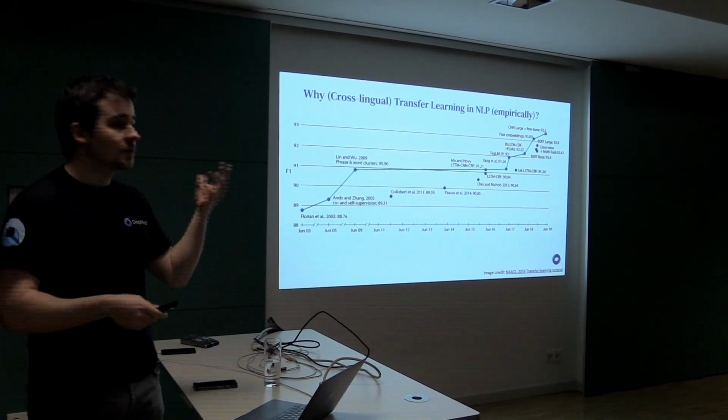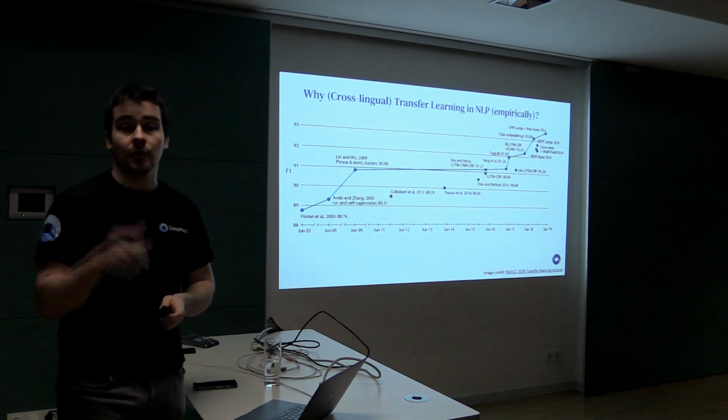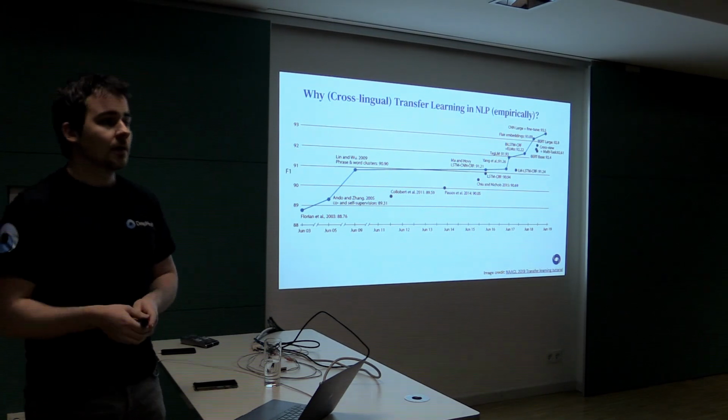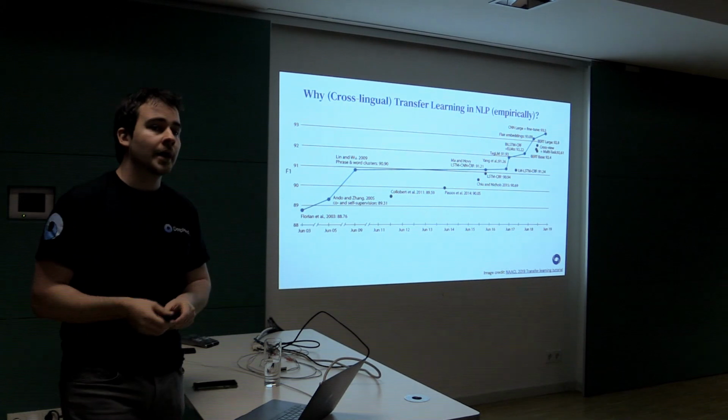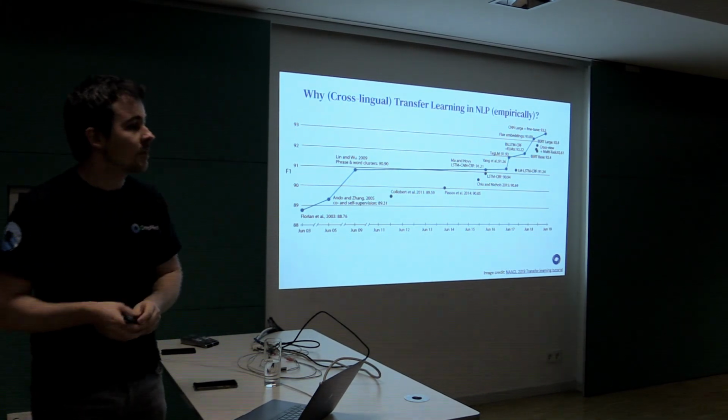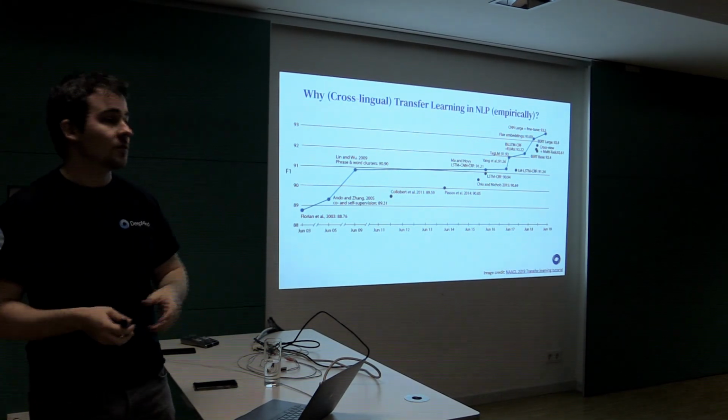So in Wikipedia, for instance, you would want to tag Barack Obama with the type person. This is a classic sequence labeling problem, and people have been working on this particular standard benchmark all the way starting in 2003.